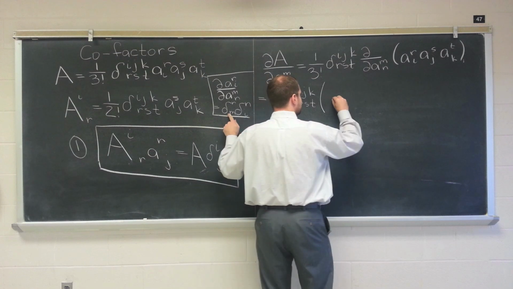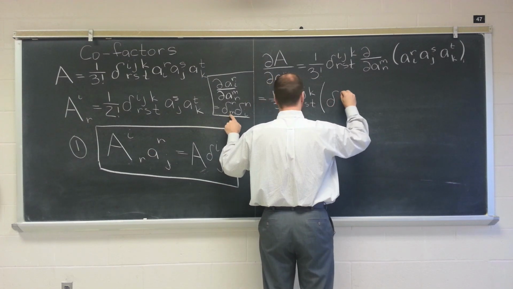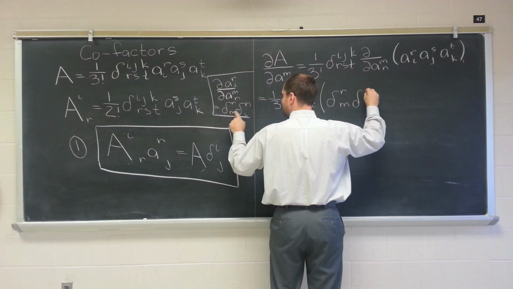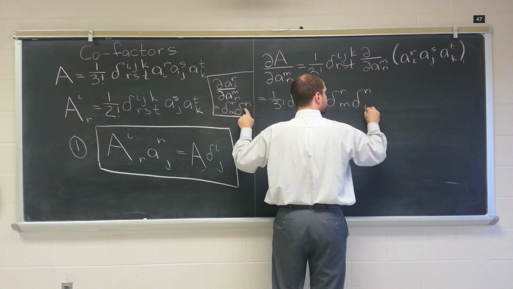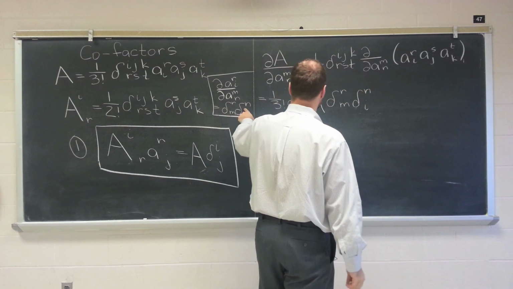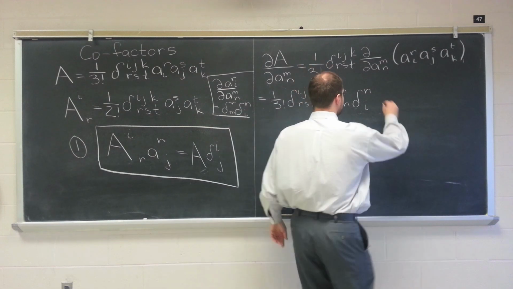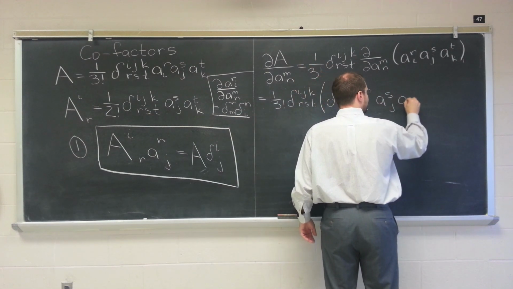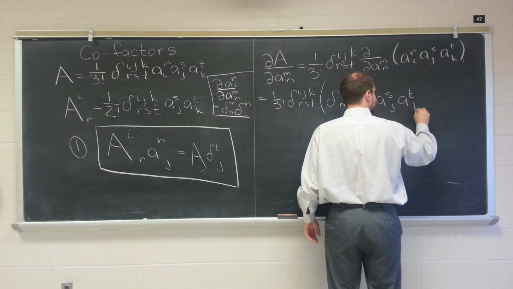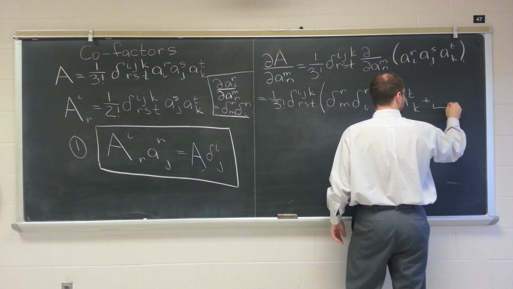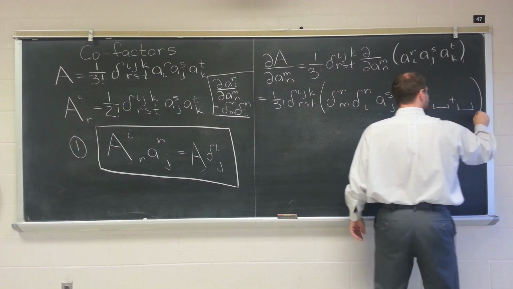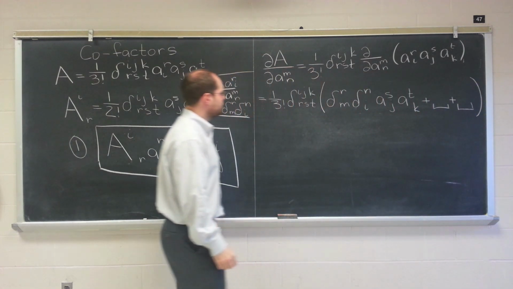So, delta^r_m, delta^n_i, times A^s_j A^t_k, plus 2 more similar terms, and it will be up to you to prove that the 2 terms are the same.